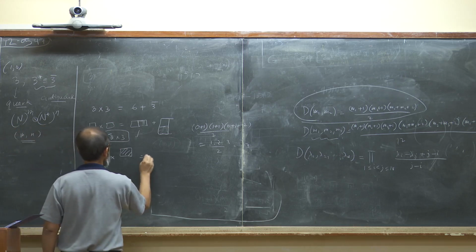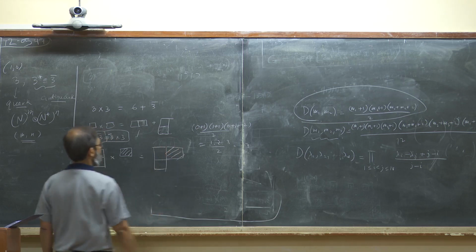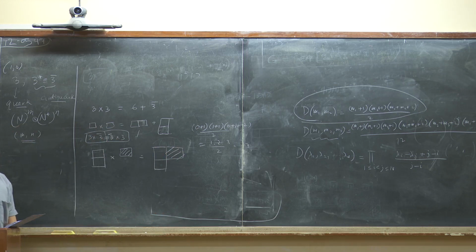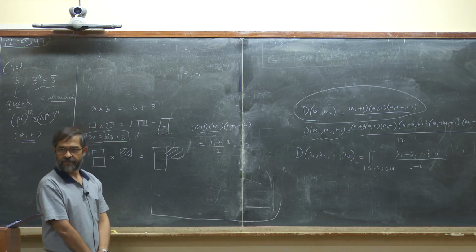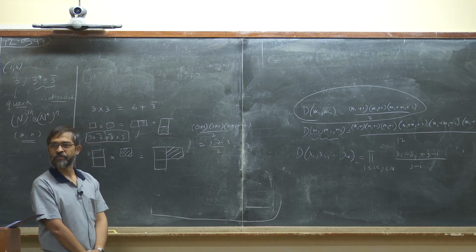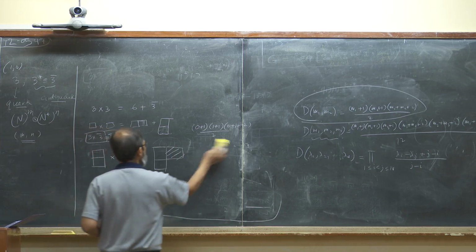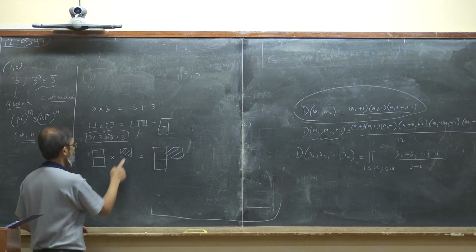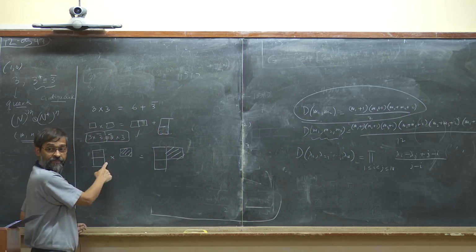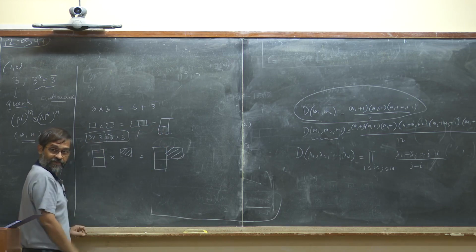Let's do that. This is a possibility. Our convention, remember, is that as we go towards the right, the heights should decrease. Good. So therefore, I cannot stick it in here.